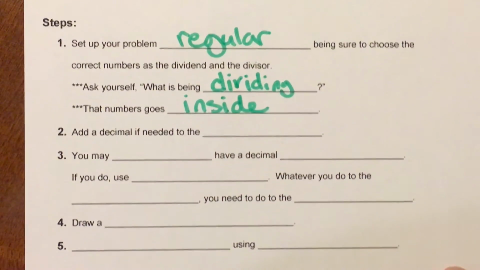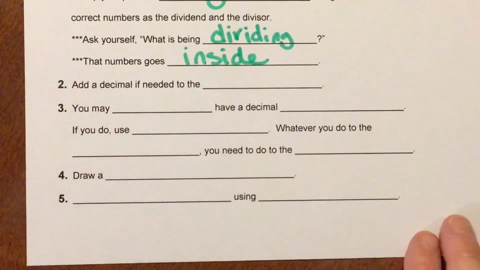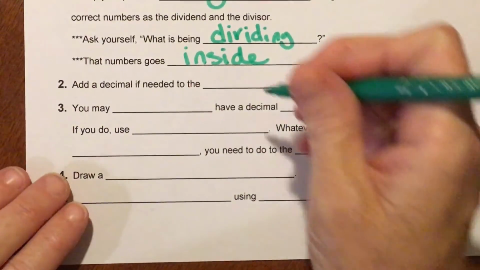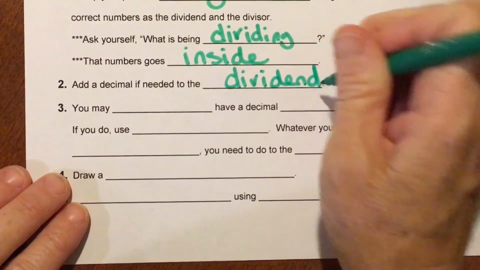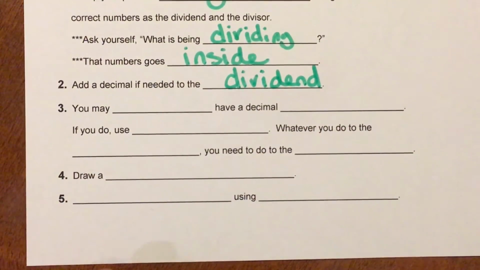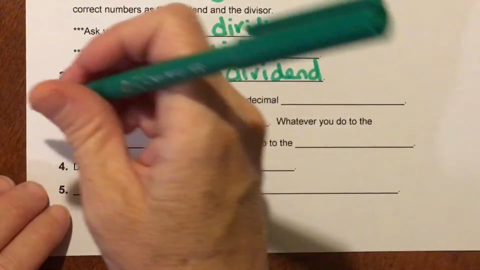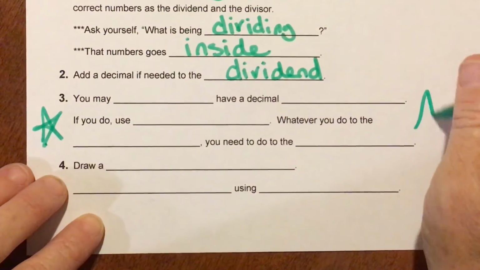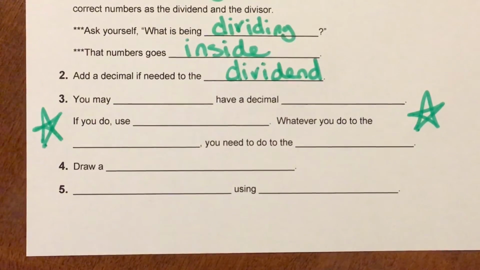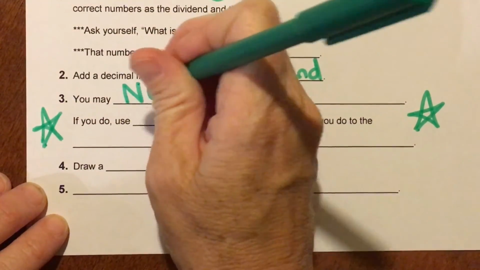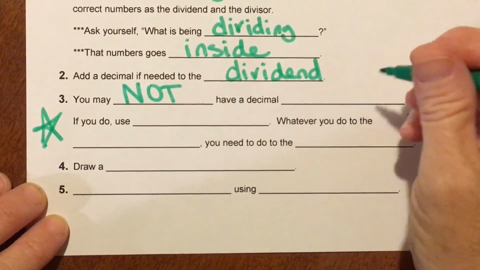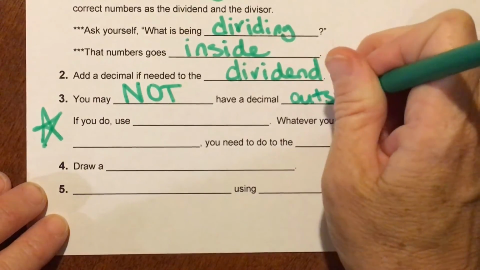Okay, once your problem is set up, step 2 says add a decimal if needed to the dividend. In 5th grade, we're not going to see this very often. Okay, step 3 is the kind of new step. This is what makes dividing decimals very different than dividing whole numbers. Okay, so it says you may not have a decimal outside.